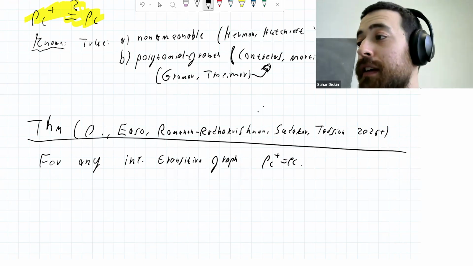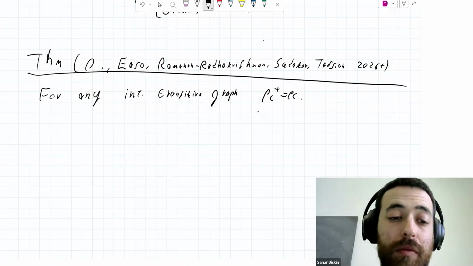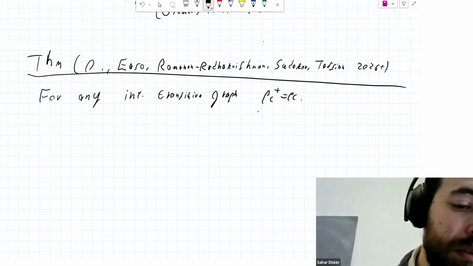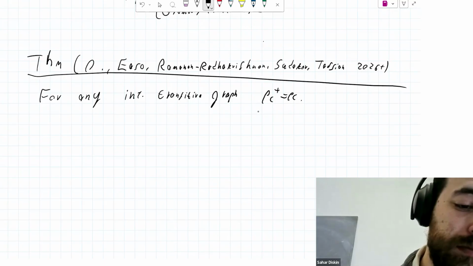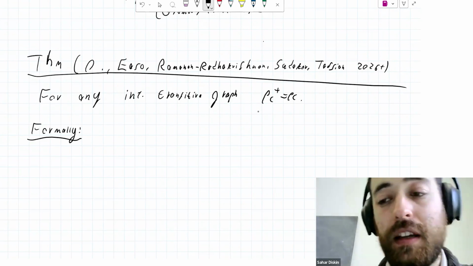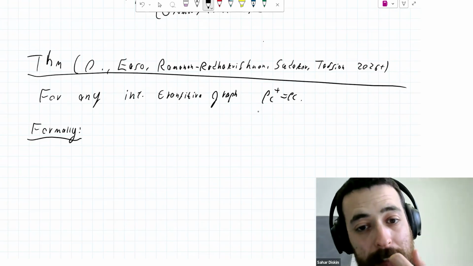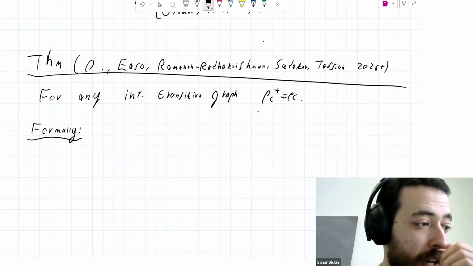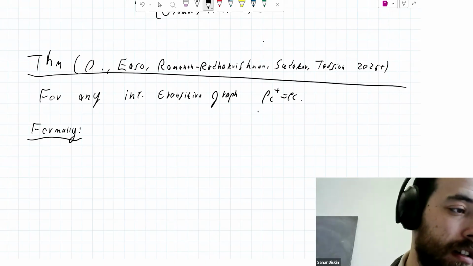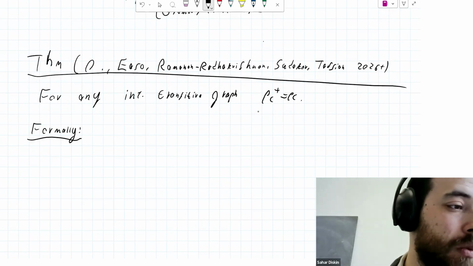So let me maybe write it a bit more formally, what we mean here. Let me give two variants of the statement. One implies the other, but with respect to what I showed before, I think it's important to see both of them.